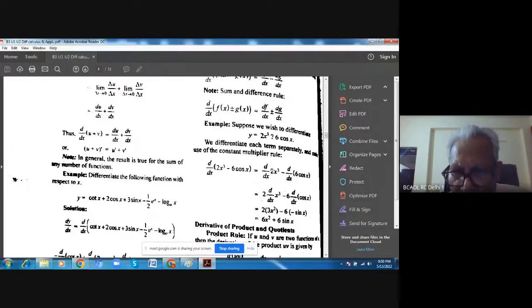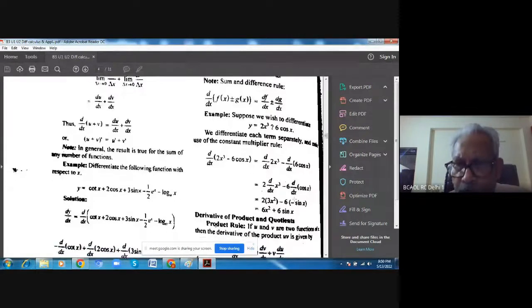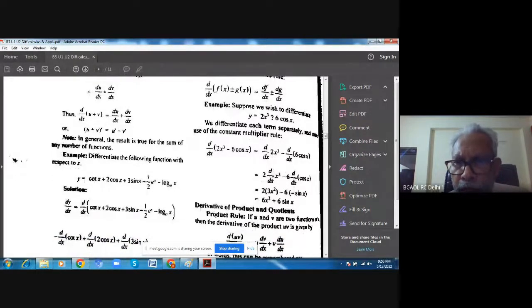Then, as I told you, before x, the constant part comes first. So 2 has come here. Then d by dx of x cube, minus, in this case, 6 cos x. So 6 will come out, and then d by dx of cos x. Now we can apply it for dy dx.